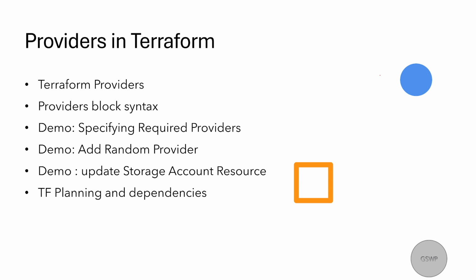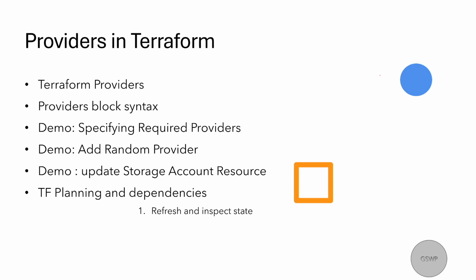And now the next thing which is very important in our Terraform is planning and dependencies. So whenever we are creating a Terraform plan, it will try to refresh our state file. So whatever we have provisioned earlier, it will try to refresh that state file with the code which we have written.